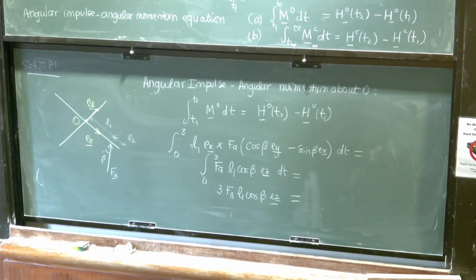HO is I-O omega. Now in the special case where omega is along EZ, that will be I-O xz omega EX plus I-O yz omega EY plus I-O zz omega EZ. That's if omega is along EZ, which is the case here, right?